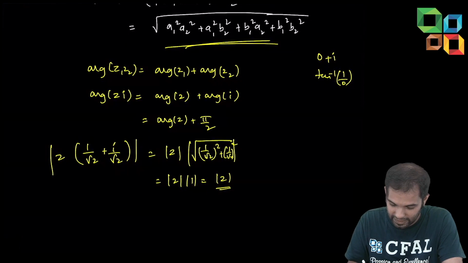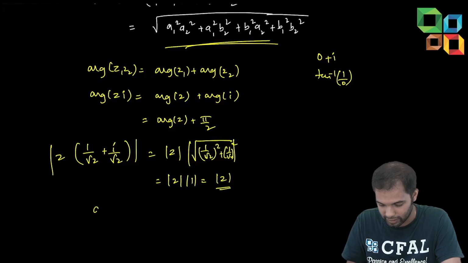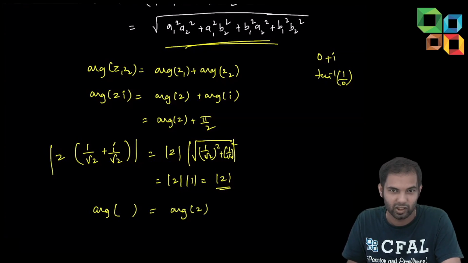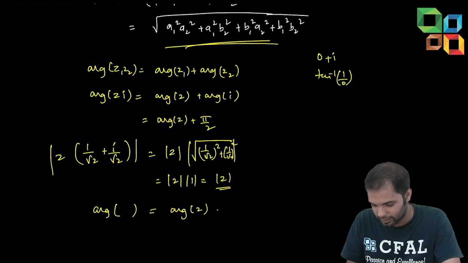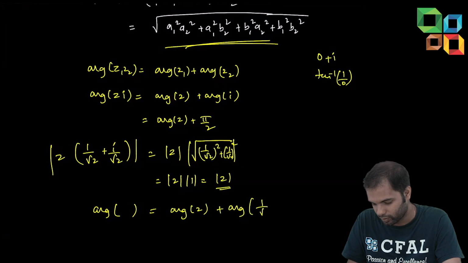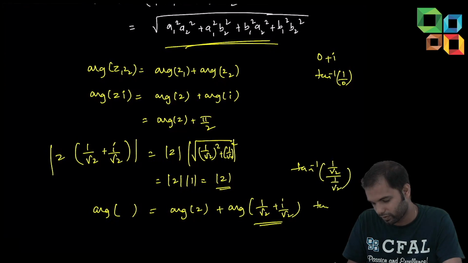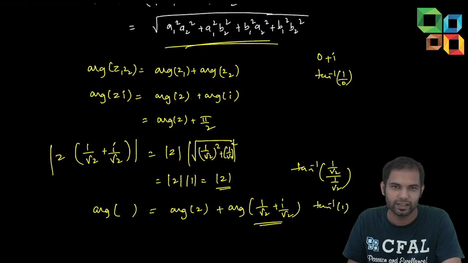Now, look at the argument, what happens. The argument of the product is nothing but the argument of the complex number, which is the angle already created by this complex number, plus the argument of 1 by root 2 plus I by root 2. What is this? Tan inverse of y by x, y is also same, x is also same. This is tan inverse of 1. We know tan inverse of 1 is nothing but pi by 4 or 45 degrees.